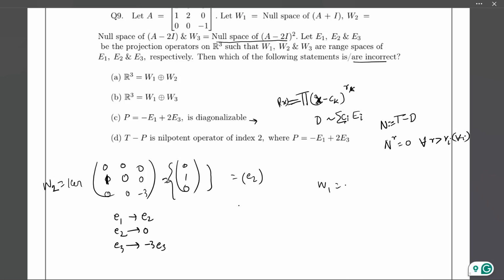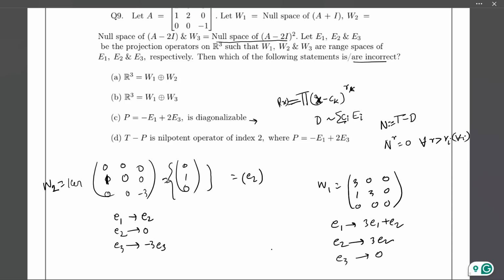What is W1? W1 is the kernel of A plus I, so we have the matrix with rows 3 0 0, 1 3 0, 0 0 0. Look at it: E1 goes to 3 E1 plus E2, E2 goes to 3 E2, and E3 goes to 0.